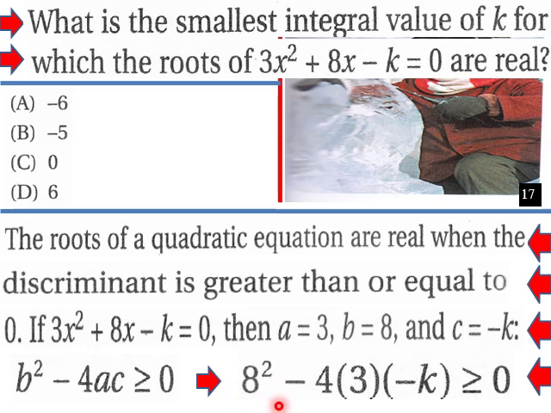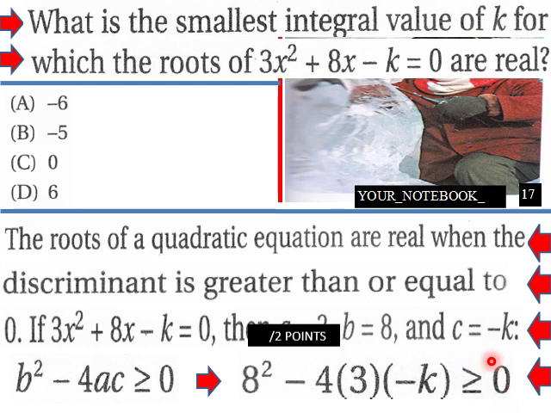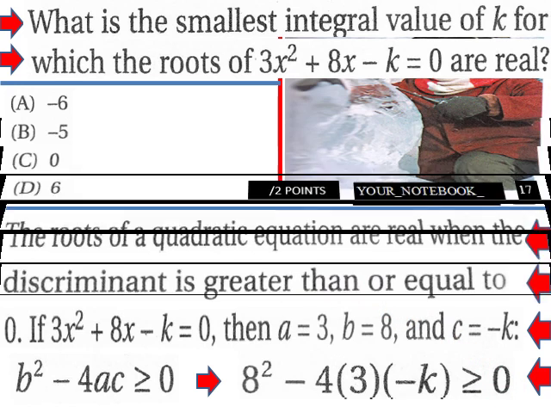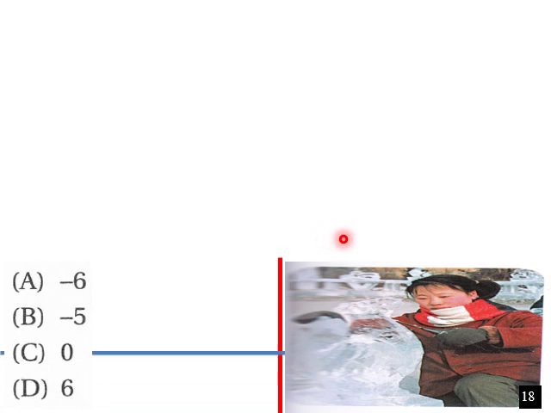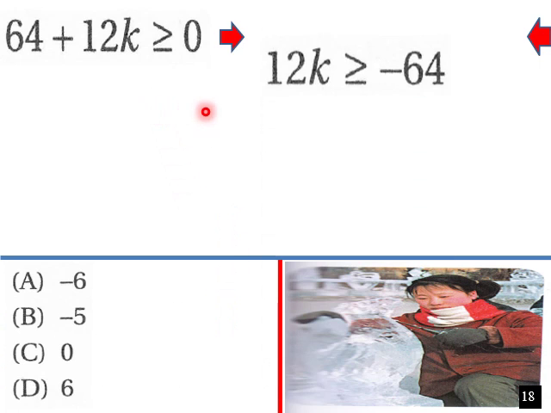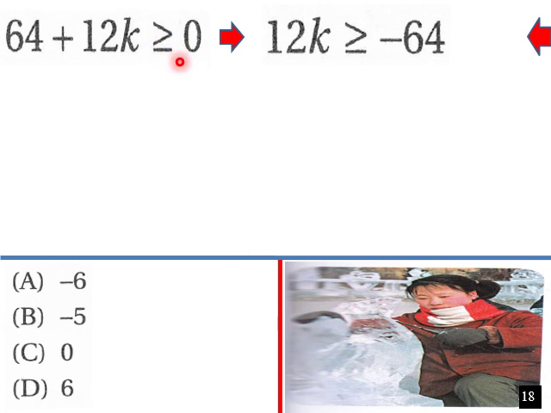When we plug in our values, we have our b, and 4 times our a, which is 3, and c is negative k. It's got to be greater than or equal to 0. So we're going to solve for k. 64 plus 12k is greater than or equal to 0.